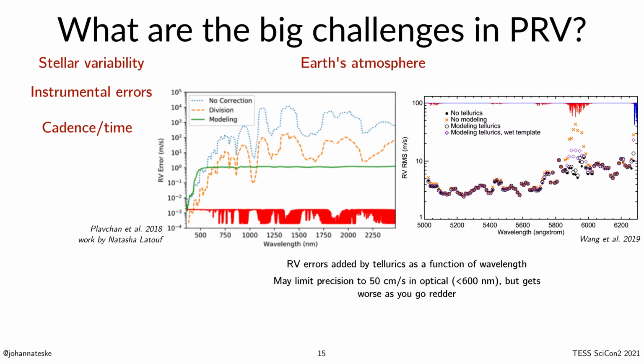But the left plot shows that the effects of tellurics really increase as you go towards longer wavelengths. Maybe we can mitigate them down to a certain level in the near infrared, but it could limit our detection capabilities there if our instrument is on Earth, which this whole report by Peter is about an RV spectrograph in space. So that's cool to check out.